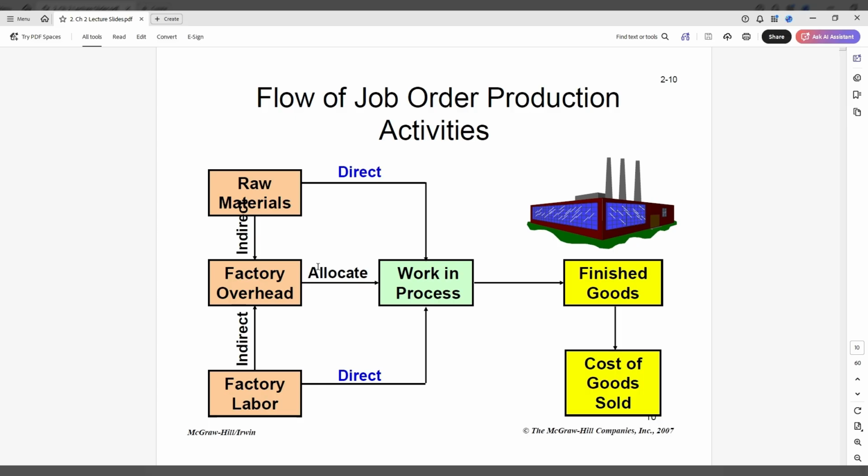If you have the lights on all month and you're working on different jobs, it would be a lot harder or impossible really to look at all your individual products you made and say, oh yeah, 20% of our utilities went to this one and 10% went to that. And same thing with a factory supervisor salary. They might just be out there overseeing the factory labor.